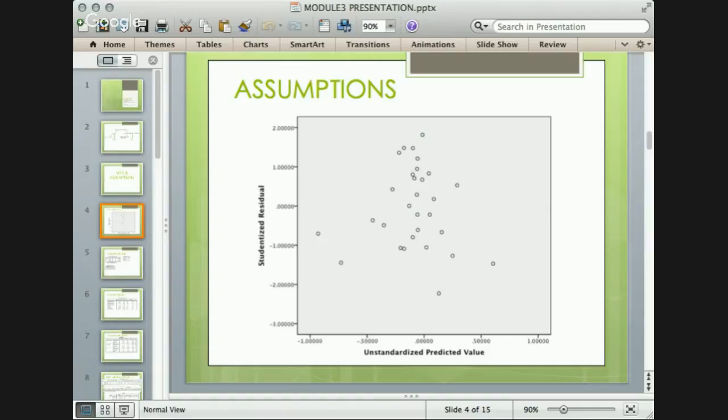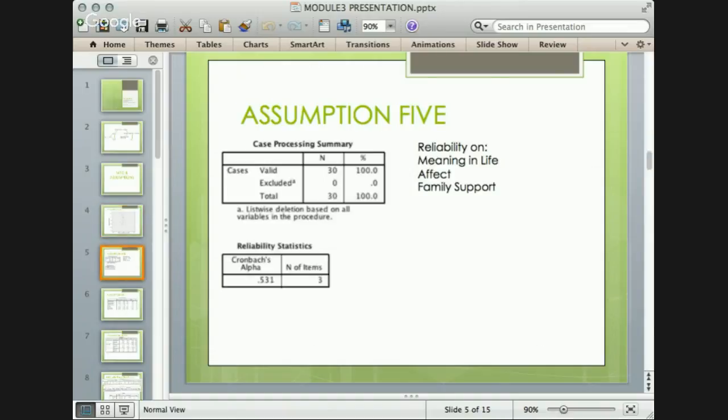Next, we look at the assumption of homoscedasticity, which means variability is constant across predictors. For mine, it varies a lot, so we don't have homoscedasticity, and ideally we want that. Next, assumption number 2 is that the predictor is sensible for the outcome. My 3 independent variables are meaning in life, affect, and family support on satisfaction with life.